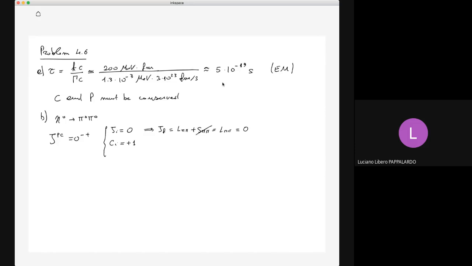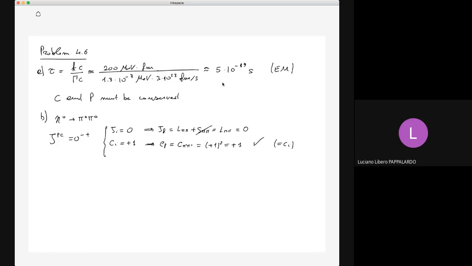And so also the final one must be +1 for C conservation in electromagnetic processes. So this is the charge conjugation of the pi zeros. The pi zeros are eigenstate of C with eigenvalue +1, as we have seen. So this is a +1 squared, that is +1. And in fact, it corresponds to the initial.